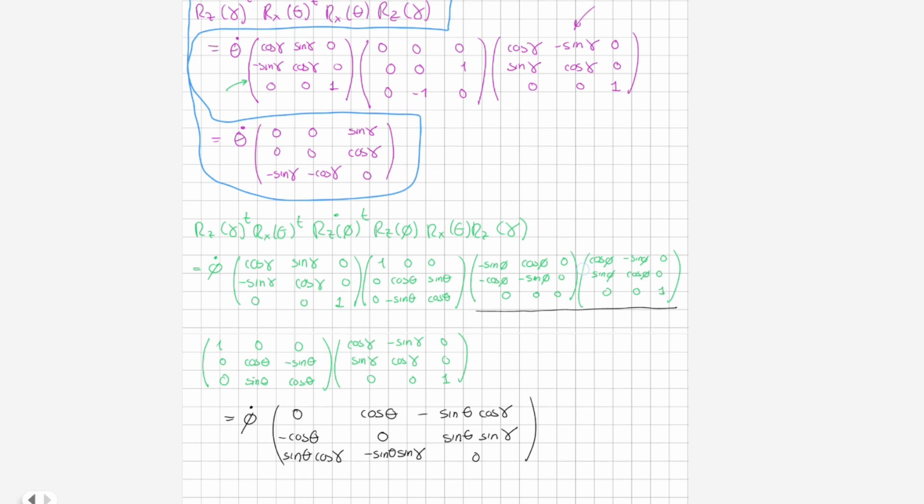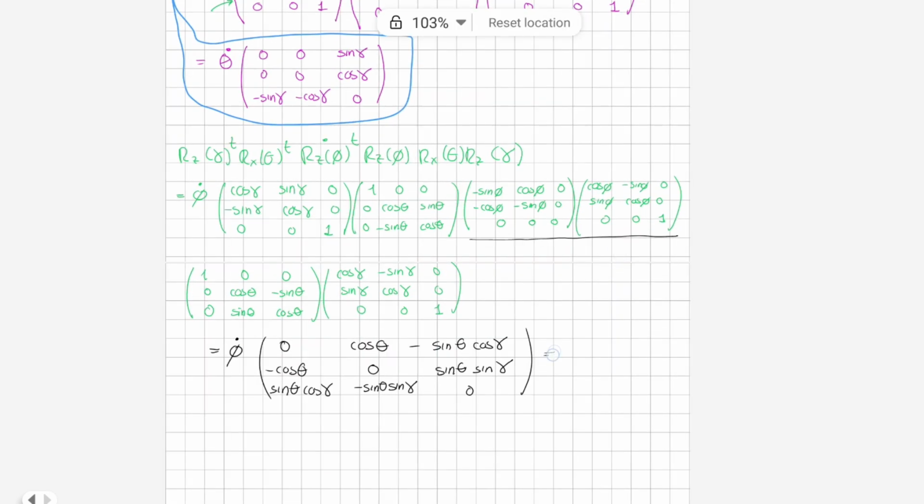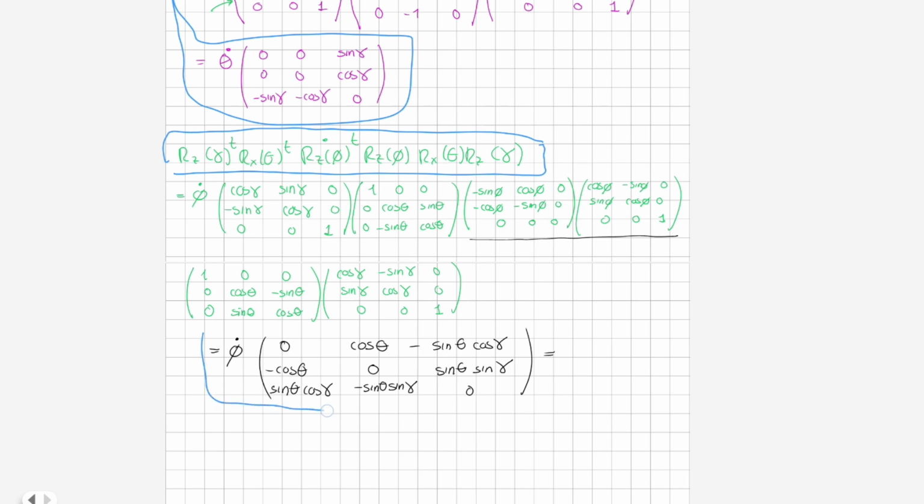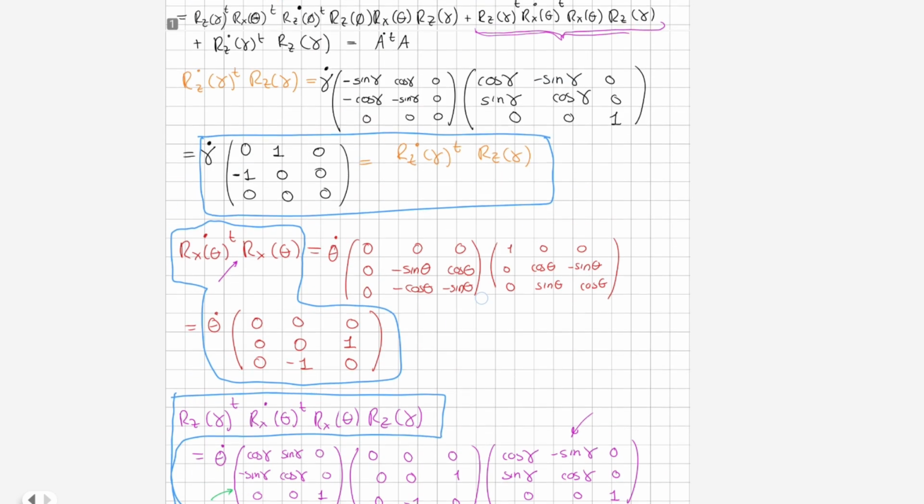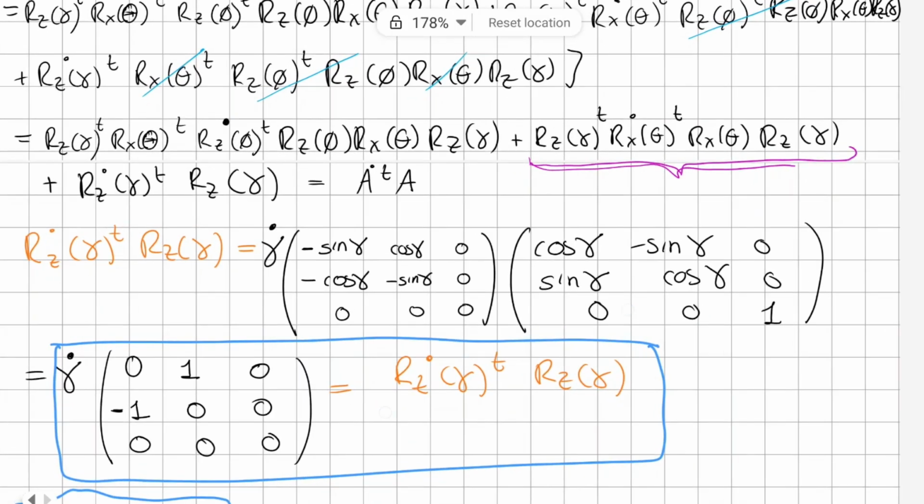So this is the final important result. It is this one that is equal to this. And if you remember the big formula that we found, we need to sum all these results that we got.